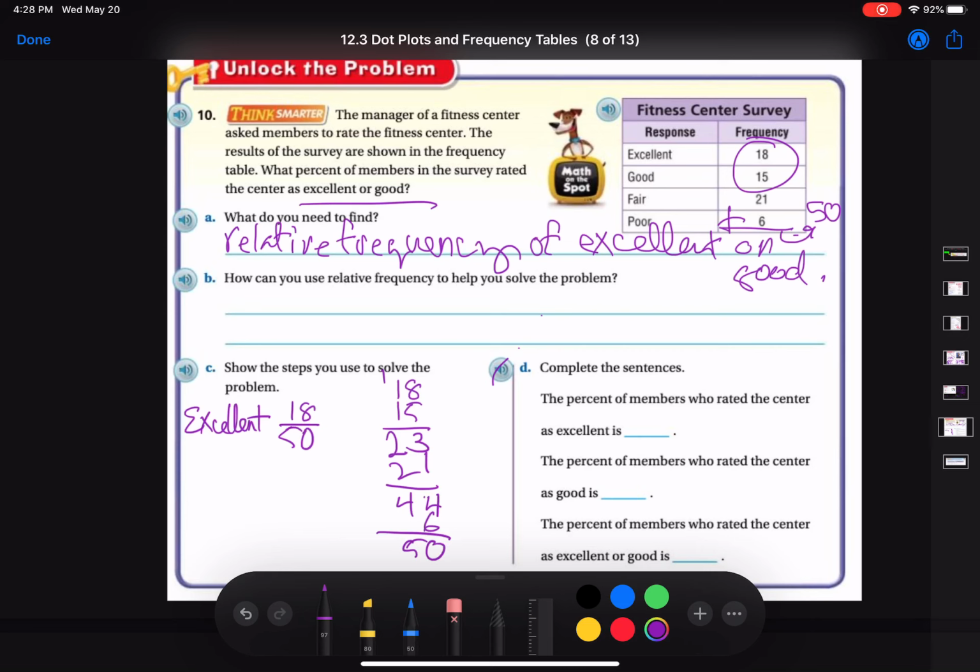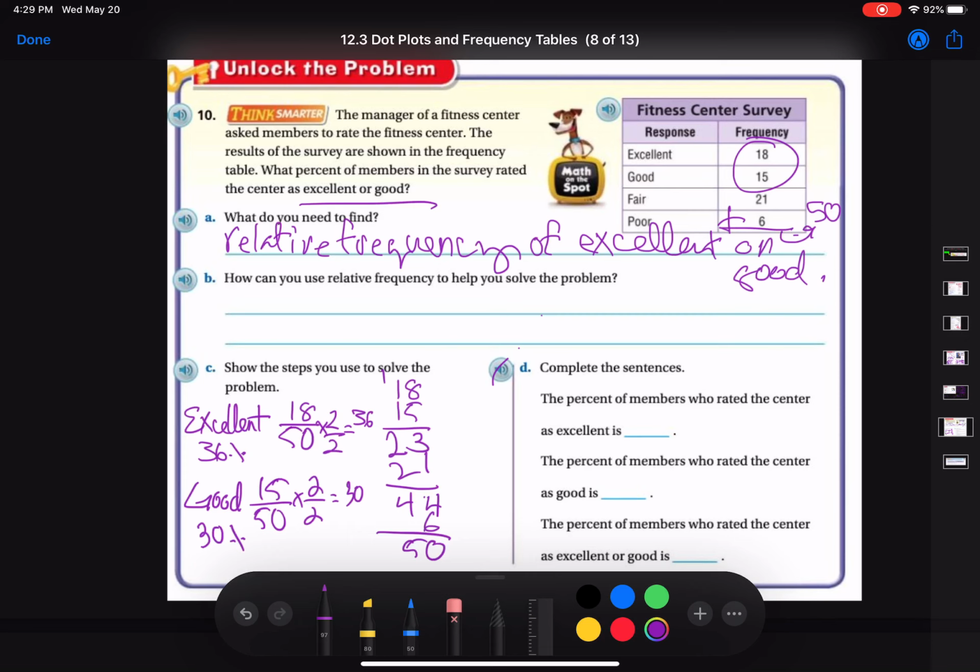So for excellent, we're going to multiply by 2, and we're going to get 36. So excellent is going to be 36%, and then we're going to do good, and good is going to be 15 over 50, and we're going to multiply by 2 again. We're going to get 30. So good is going to be 30%.